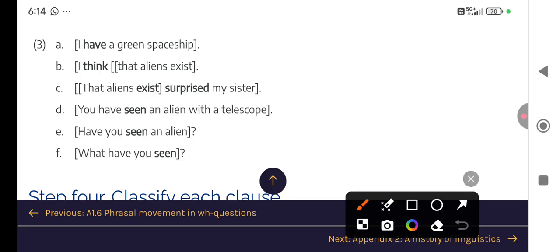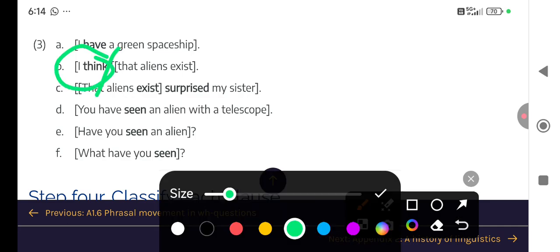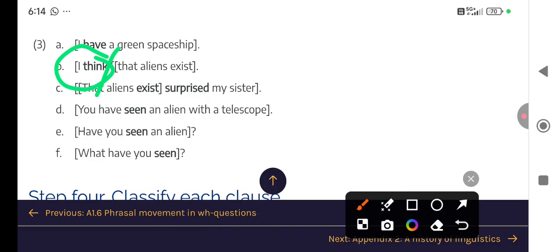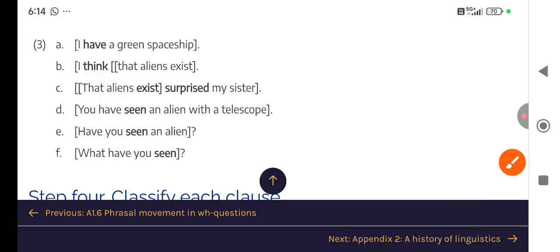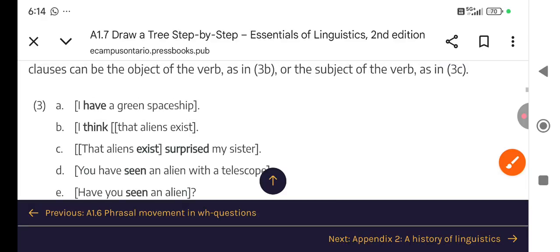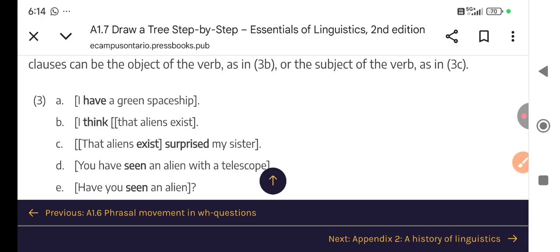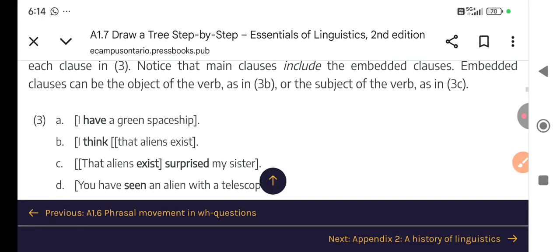So the main clause is the independent clause, and this clause is the dependent clause. This is independent, this is dependent. So here I think, right? So third B, the subject of the verb is what they say, that embedded clauses can be the object of the verb as in third B.